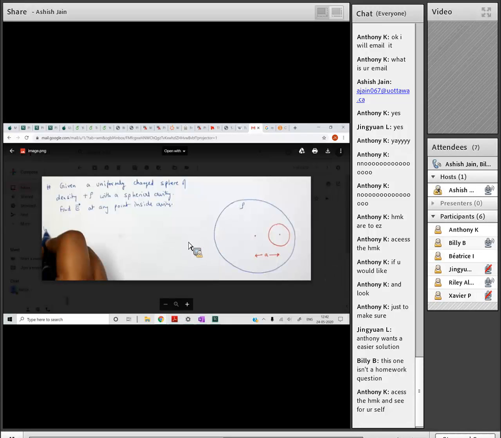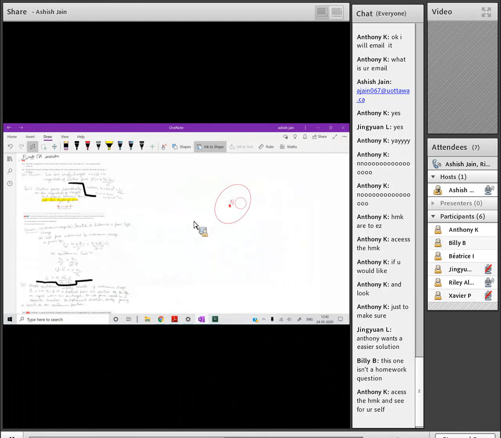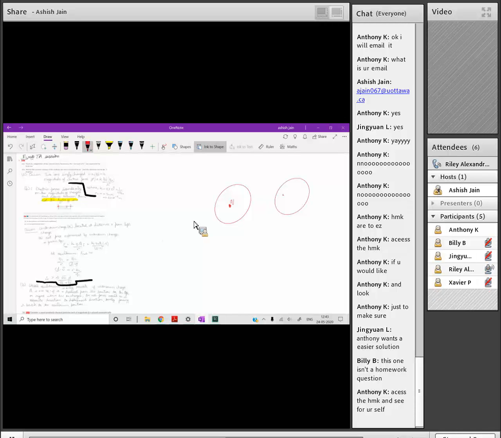So you have to find. Let's say if you don't have the cavity, how do you solve it? Let's solve it in steps. If you have a uniformly charged sphere, and you have to find the electric field at this point from the center.